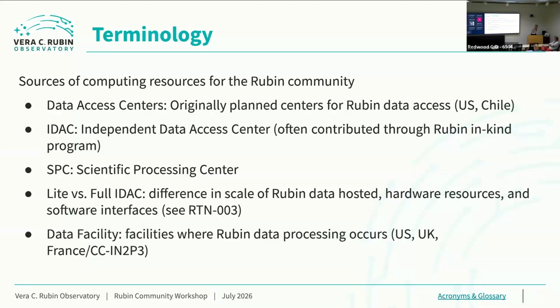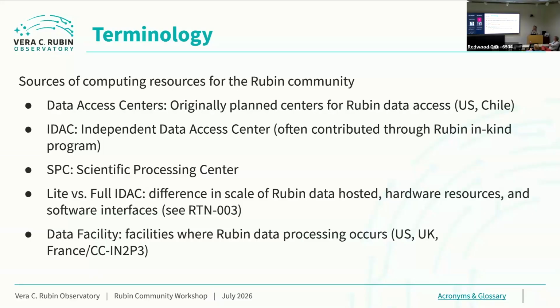And IDAC, which is an acronym that will be thrown around a lot in this particular session, is an independent data access center. And these are often contributed through the Rubin in-kind program, although we do have a growing number of independent data access centers in the US that are not contributed through the in-kinds.